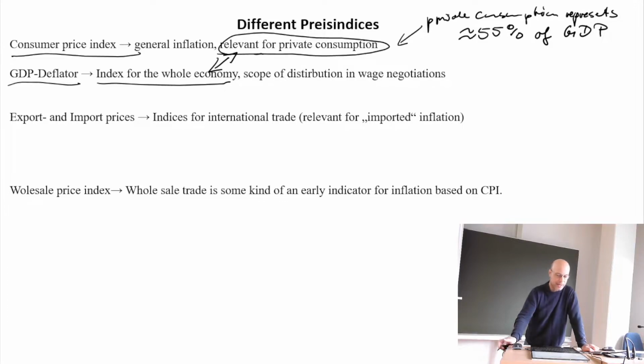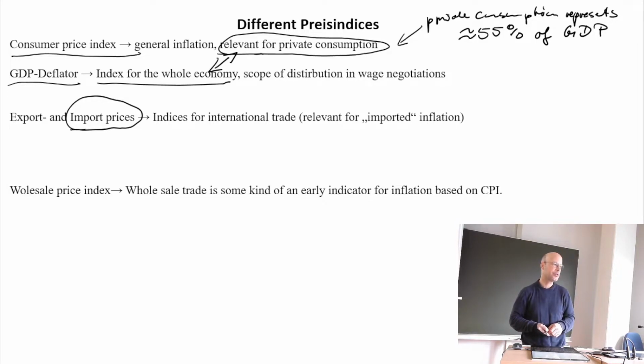And what else do we have actually in these times? What is quite important are export and especially for our country, the import prices. And if we look at what drives inflation right now, especially in Germany, then we have to say that the main effect is more or less imported inflation, since we have to pay much more for our energy, and these energy prices, they come now more and more into our whole economy.